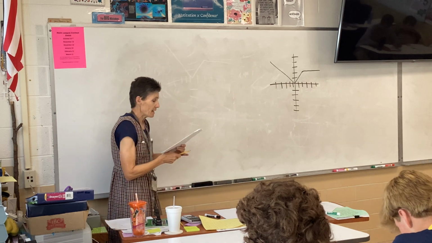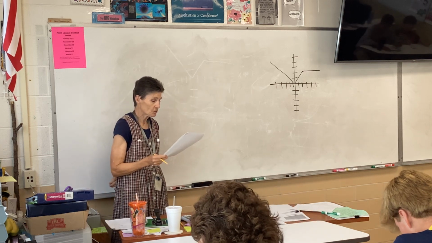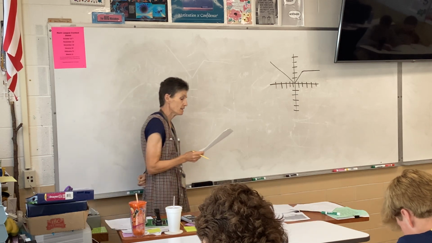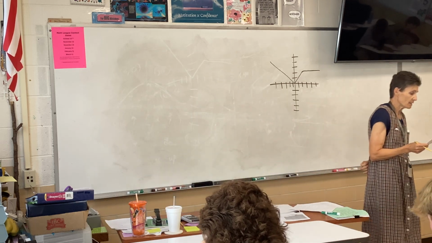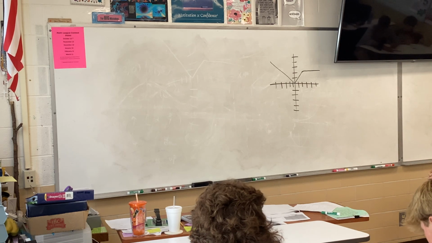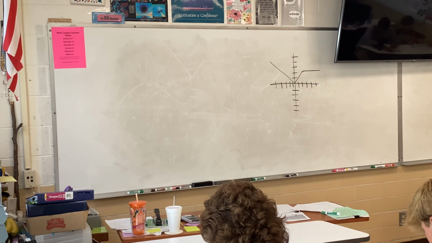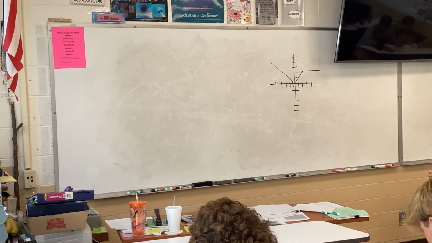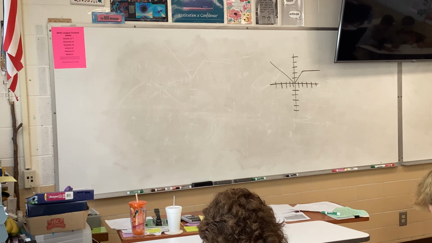Number 2, at each of the points A, B, and C, determine if the GDP is increasing or decreasing. So what do you think about A? Increasing. What do you think about B? Decreasing. And C? Decreasing, right?